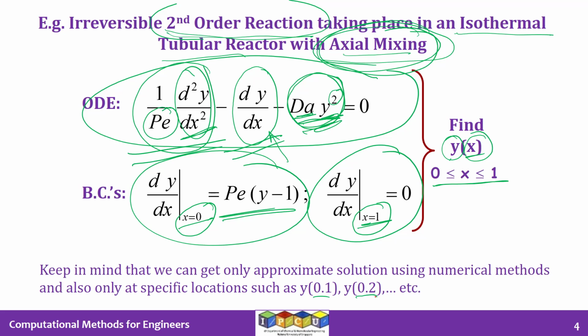We will not get an analytical solution of y as a function of x, an equation that relates y to x. Whenever we go for numerical solutions, we are not going to get an equation for an answer. We are going to get a sequence of numbers, and that is enough for many practical applications.